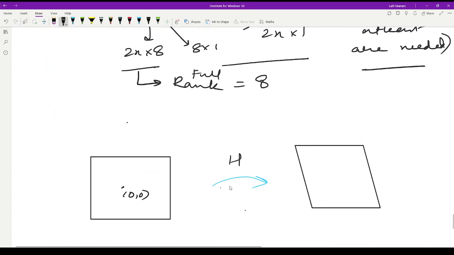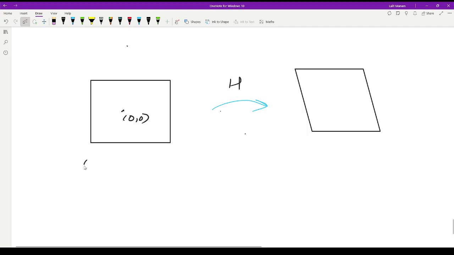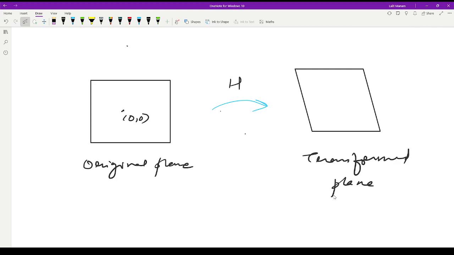This is the original space, I'll write original plane. This is the transformed plane. If you have these two given, and your vanishing line goes through that origin, then what?